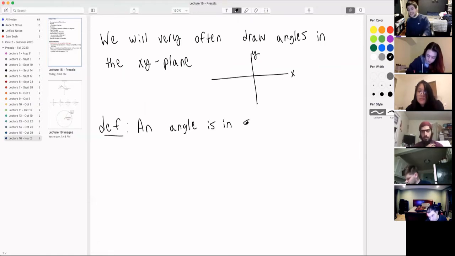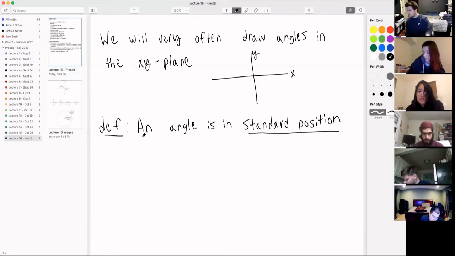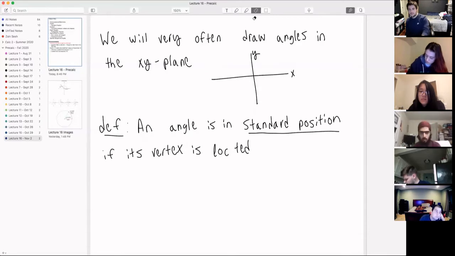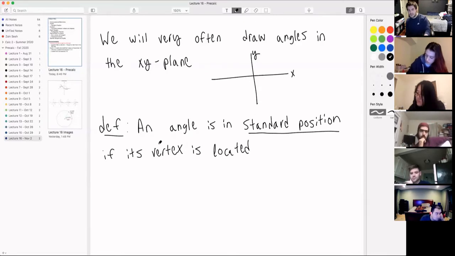An angle is in standard position if its vertex is located at the origin.